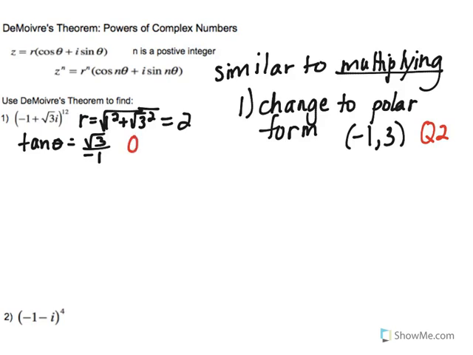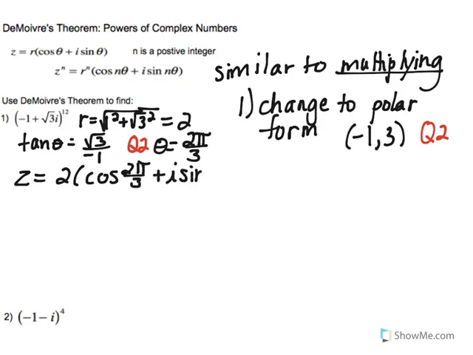So the quadrant 2 angle here is going to be 2 pi over 3. So our polar form is going to be 2 times cosine 2 pi over 3 plus i sine 2 pi over 3.